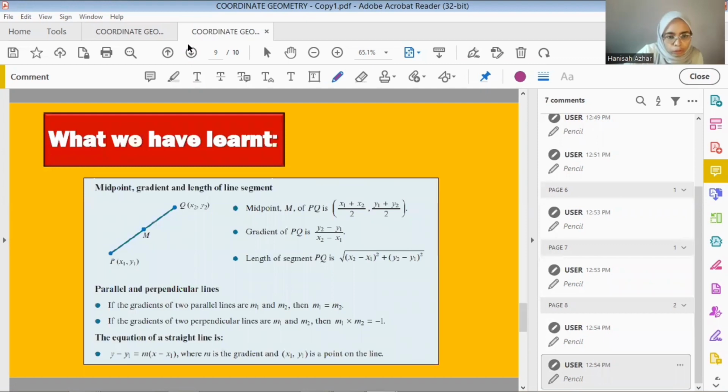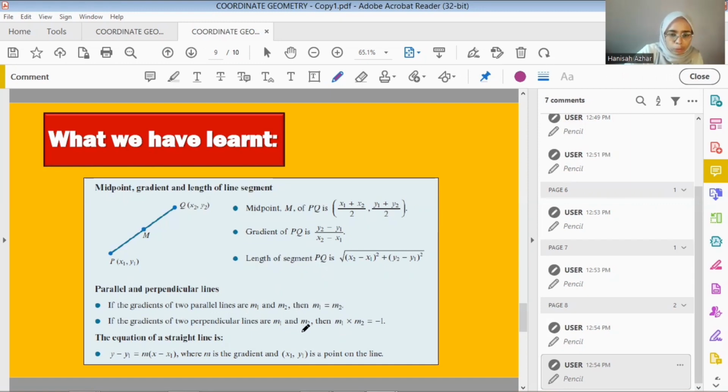So today we have gone through some formulas, which are the midpoint formula, the gradient formula, and the length of line segment PQ. Other than that, we also know the gradients of two lines: when the two lines are parallel, the gradients are the same.